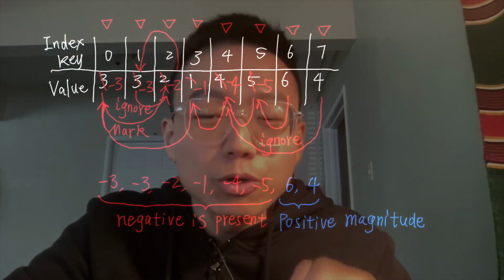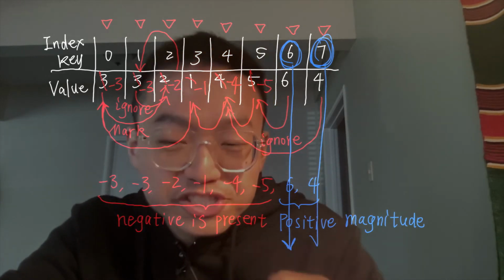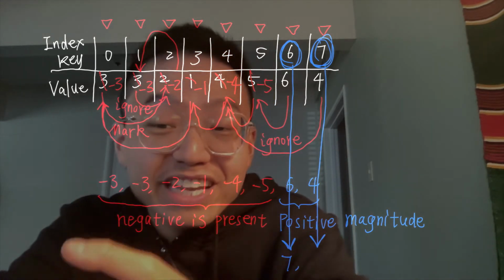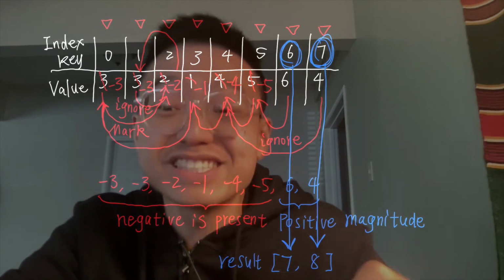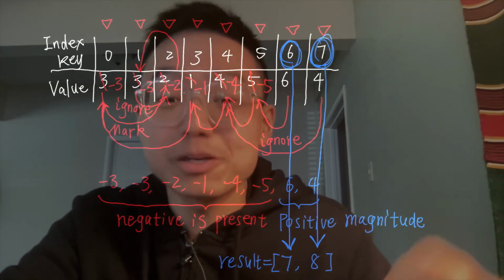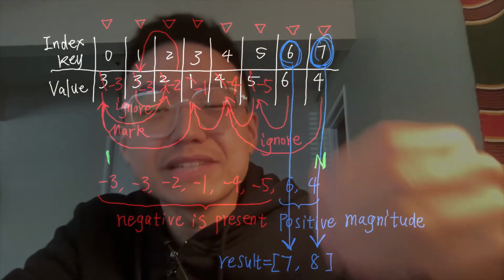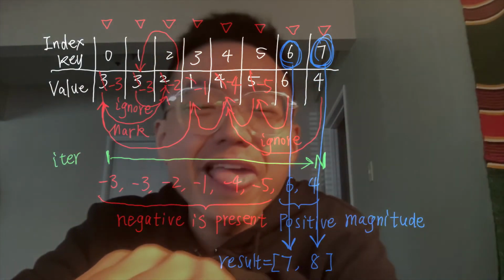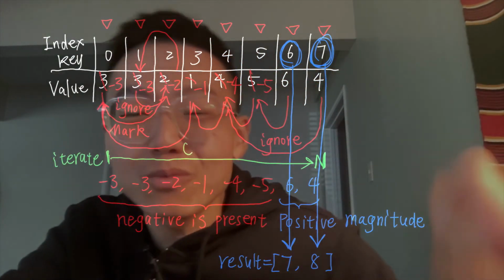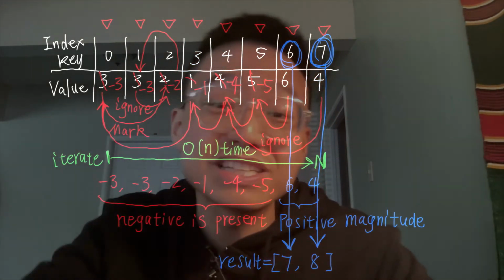Now, we loop over the numbers from 1 to n. For each number, check if nums at j is negative. If it is negative, that means we have seen this number somewhere in this array. Add to the resultant array all the numbers whose corresponding location is not marked as negative in this original array. We iterate over the numbers from 1 to n and add all of those that have a positive magnitude in this array.